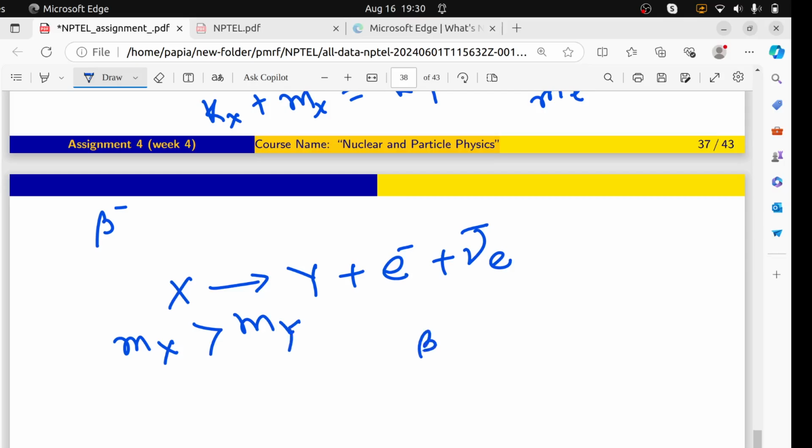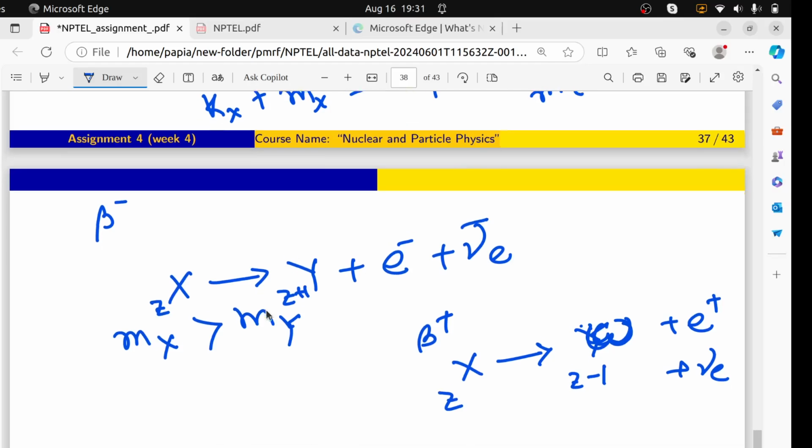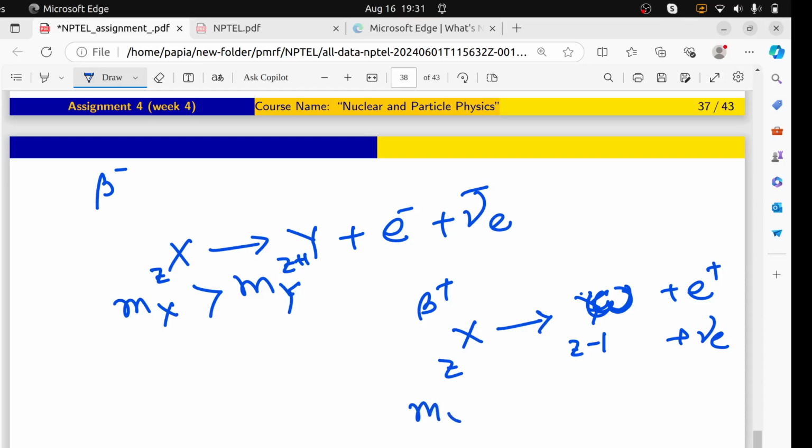Now for beta plus, X, this is Z plus 1, is going to, let's say, W, another particle, this is Z minus 1, plus E plus nu E. For this to happen, Mx should be greater than M omega.